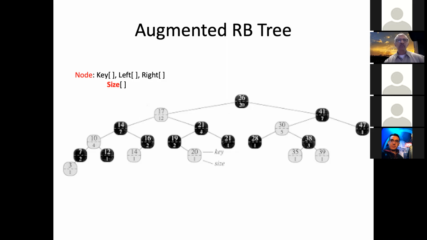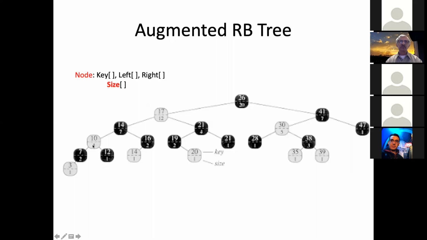All the leaves here have size 1 because their subtree has only one node in it. If you look at this node here with 16, the key value is 16, but the size says 2 because the subtree beneath it has 2 nodes, both 16 and 14. Same thing with 19, it has 19 and 20 in its subtree. Same thing with 7, it has 7 and 3 in its subtree.